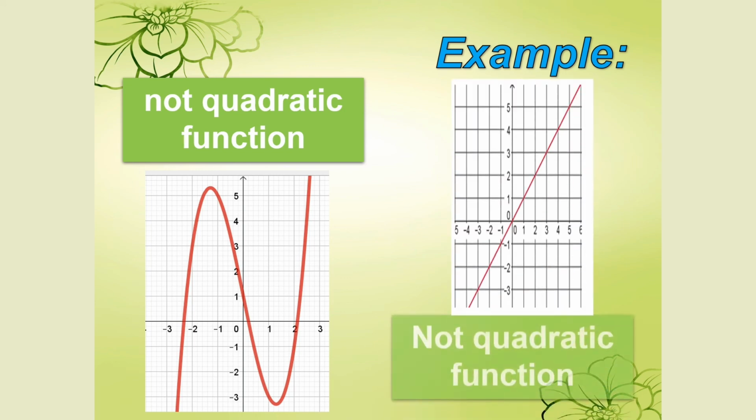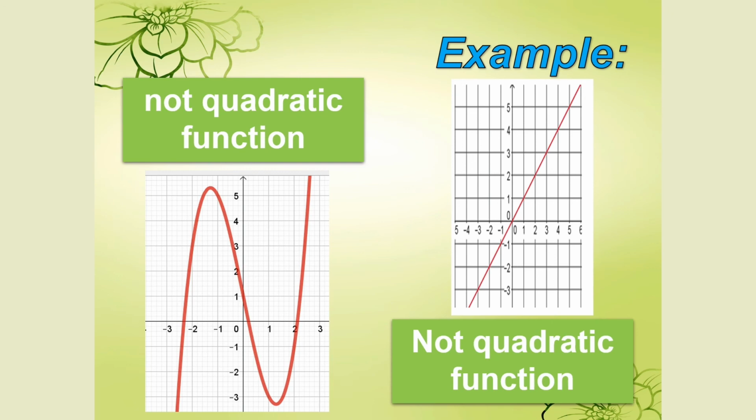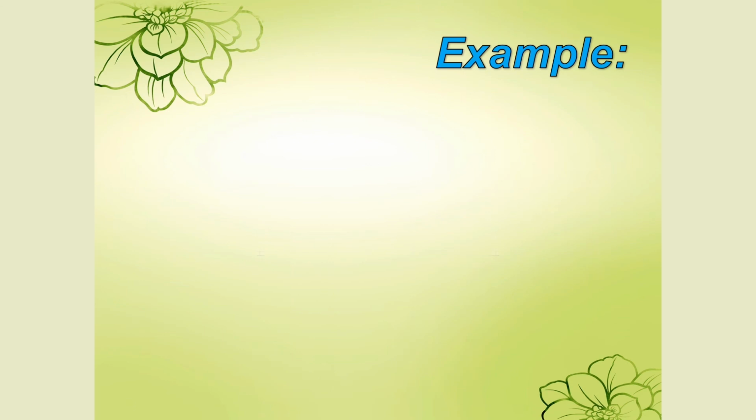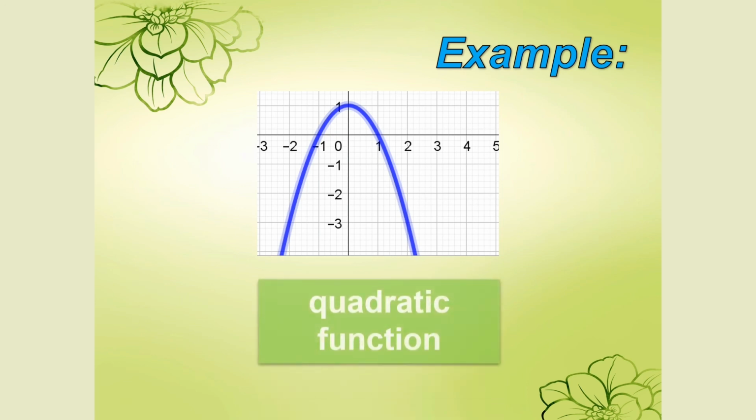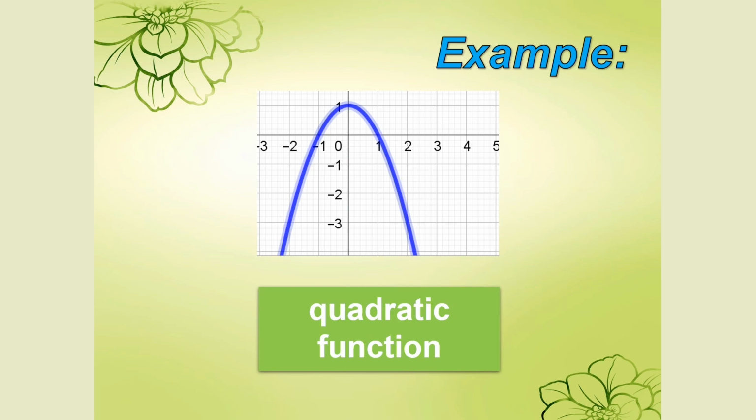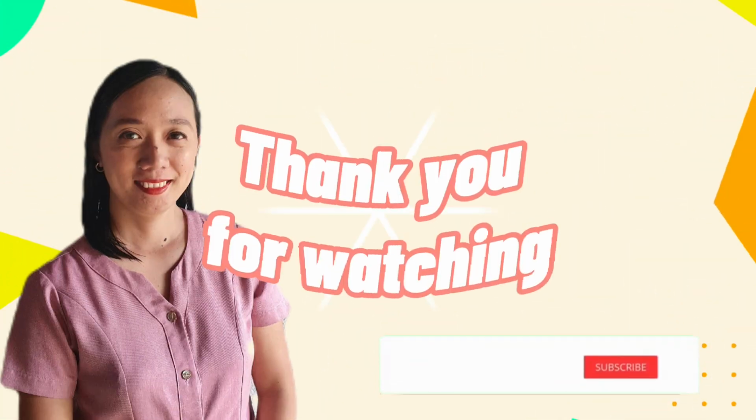This is not a quadratic function because you learned a straight line is a linear function. And the last graph. If you notice, it is only one smooth curve. This is what we call a parabola. So, this is a quadratic function. It can open upward or it can open downward.